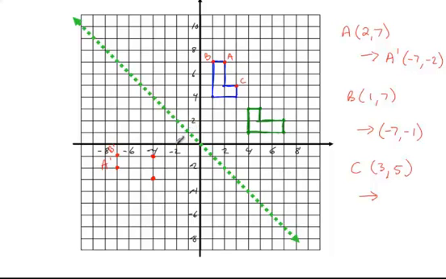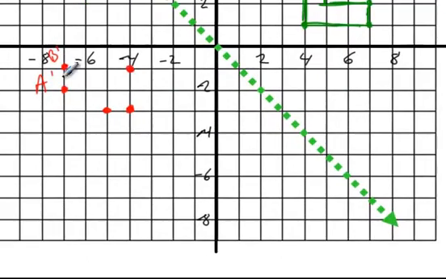We're going to move 1, 2, 3, 4 diagonals away, and it ends up over here at negative 5 and negative 3. So if we join all these together, this was C prime. The middle one we know is there from the shape of the L. There's the reflected image in the line y equals negative x.